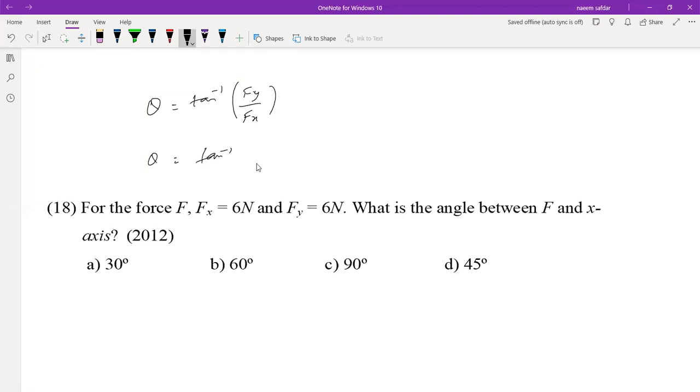Tan inverse, Fy is 6, Fx is also 6, 6 by 6. So theta will be tan inverse 1, and tan inverse 1 is 45 degree. The correct option is 45 degree. तो याद रहे कि जब भी एफ एक्स और एफ वाई सेम होगा, 6 न्यूटन हो या 10 न्यूटन कुछ भी हो, बट जब जब भी सेम होगा तो एंगल हमेशा 45 डिग्री मिलेगा.